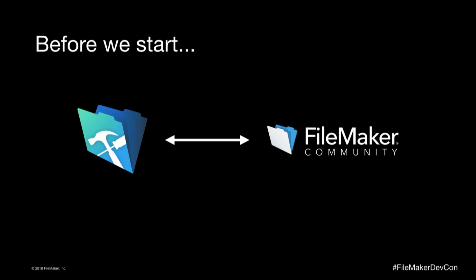Before we start, we'll start with a demo straight away, before the boring part of understanding how to do things. I'm pretty sure that everybody is familiar with the FileMaker community. So I'm going to go to the FileMaker community here.